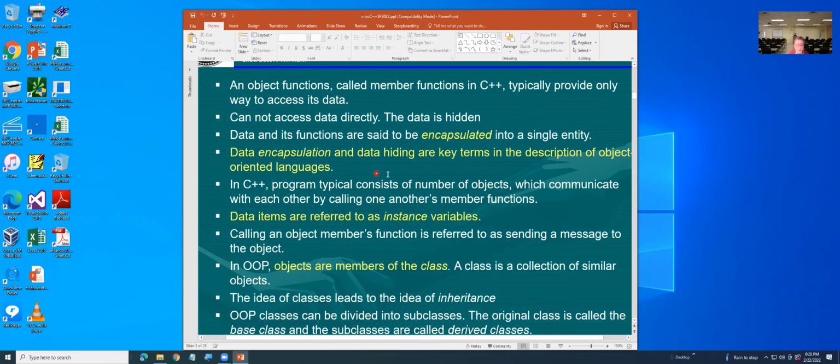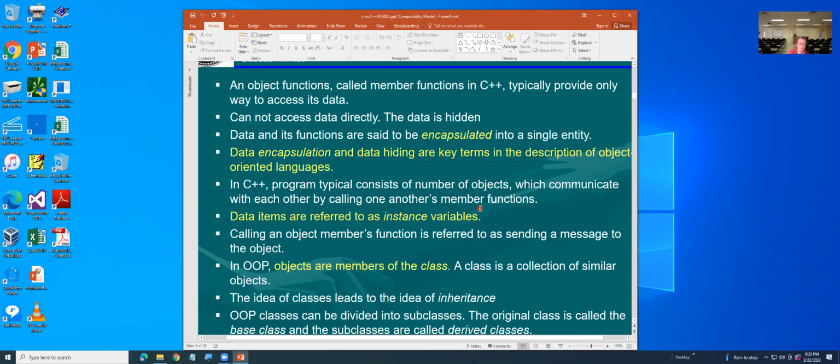Data encapsulation and data hiding are the key terms in the description of object-oriented languages. In a C++ program, a typical concept is a number of objects which communicate with each other by calling one another's member functions.